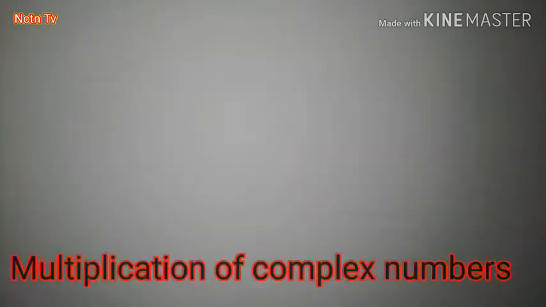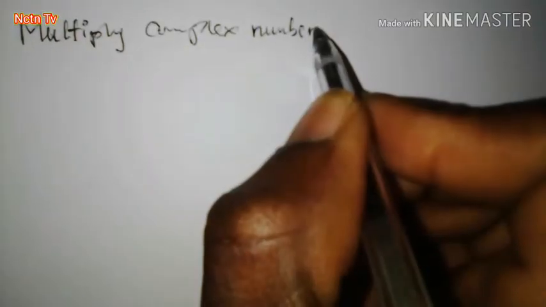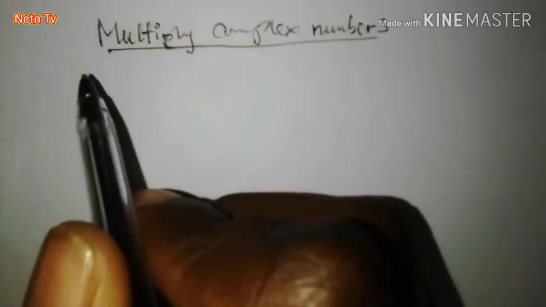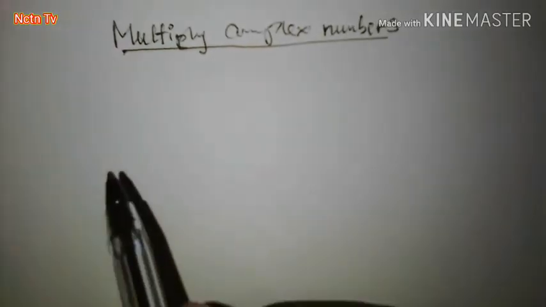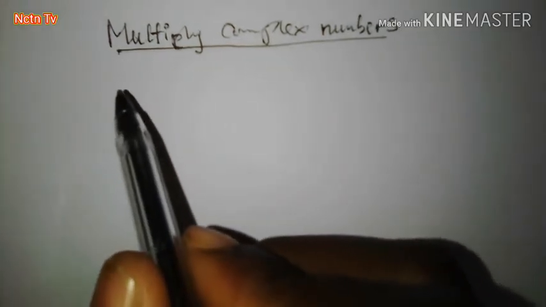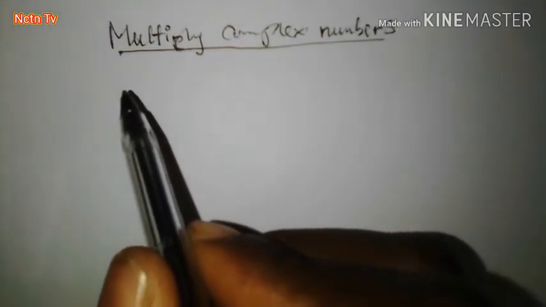Let's talk about how to multiply complex numbers. In multiplying complex numbers, there are three cases that we need to consider. Let's begin with this one.